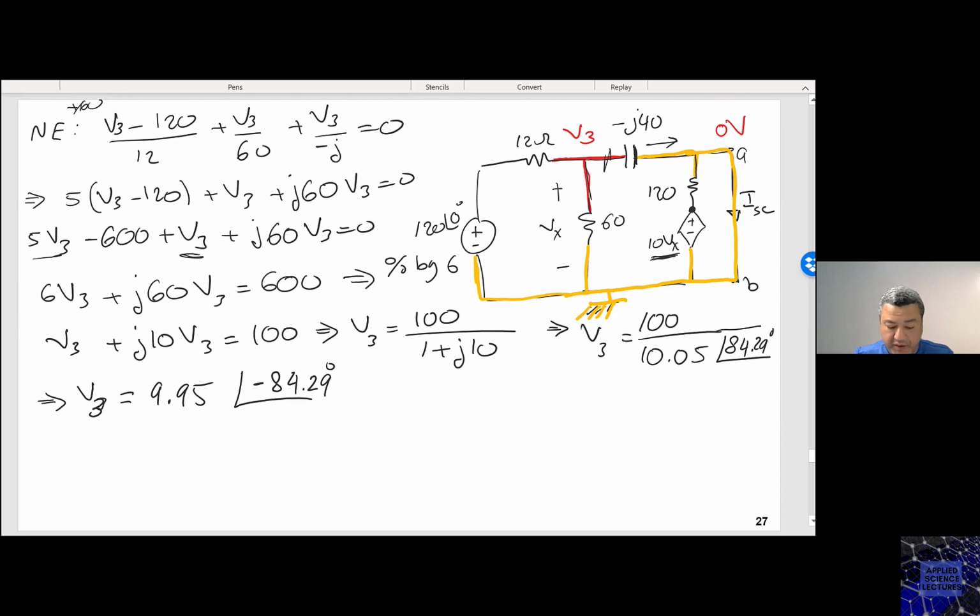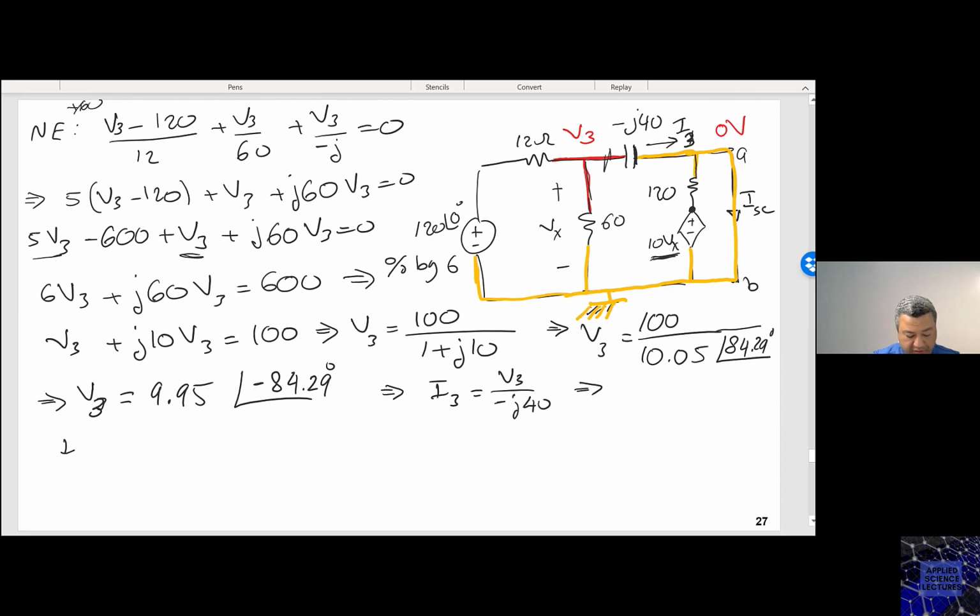Now if I want to find this current, let me call this one I3. Then I3 is V3 divided by minus j40.